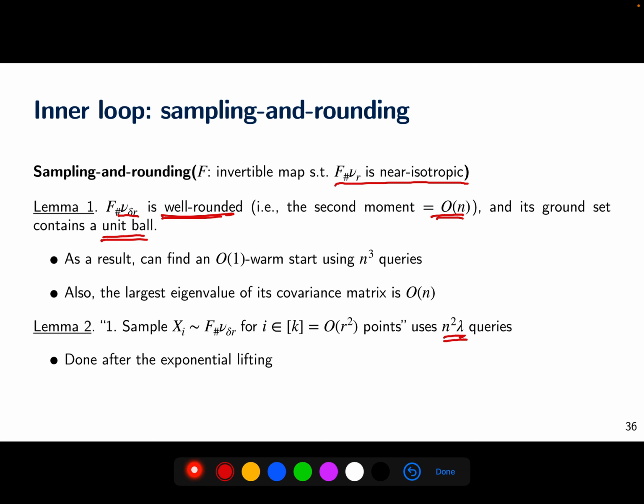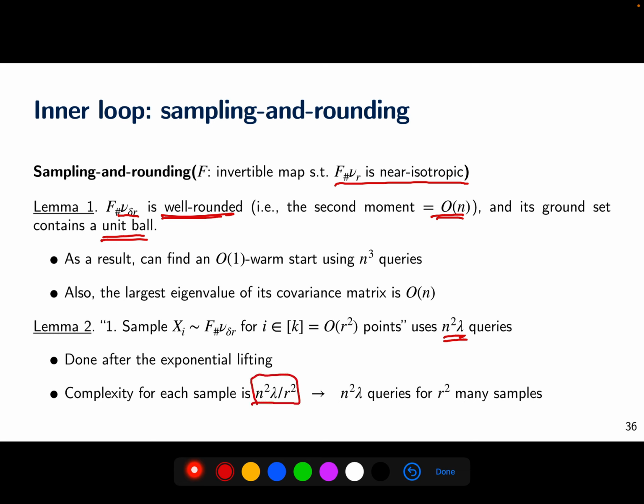Of course, this sampling task will be done after the exponential lifting approach. The complexity of each sample is this one, and because we sample R squared many points, we will have n squared lambda many queries in total. You might wonder why we have some R to the minus 2 terms here.